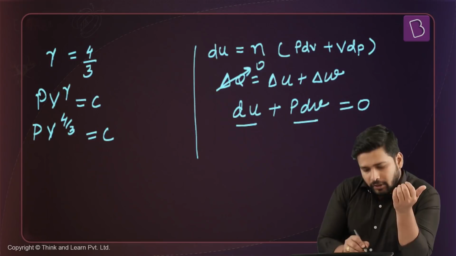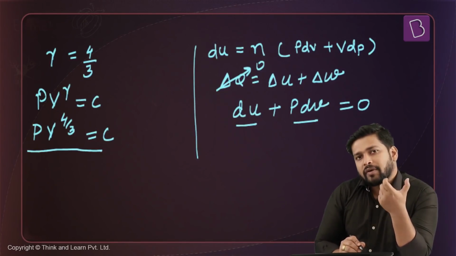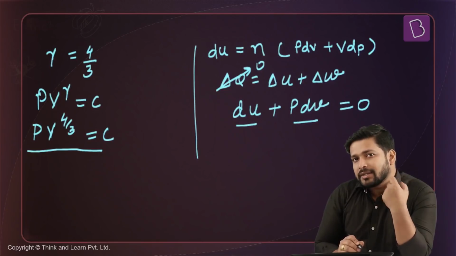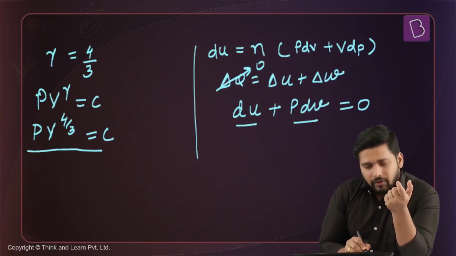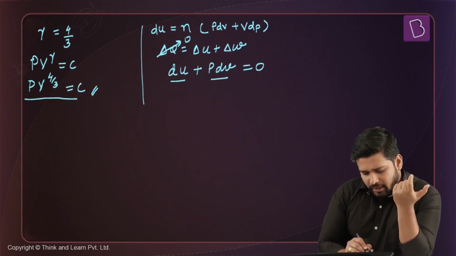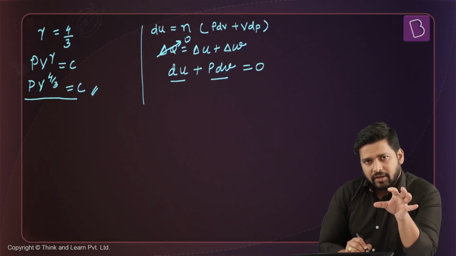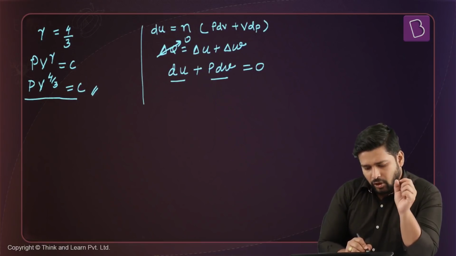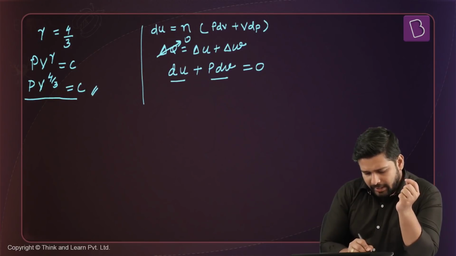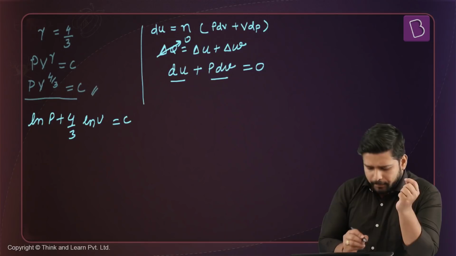Now, for this particular process given in the question, I need to express the small change in internal energy, that's dU, and that we can get from this expression. So how should we begin? First of all, I need to put this in linear powers of P and V. If I take the log, I can write it as ln P plus 4 by 3 ln V equals constant.